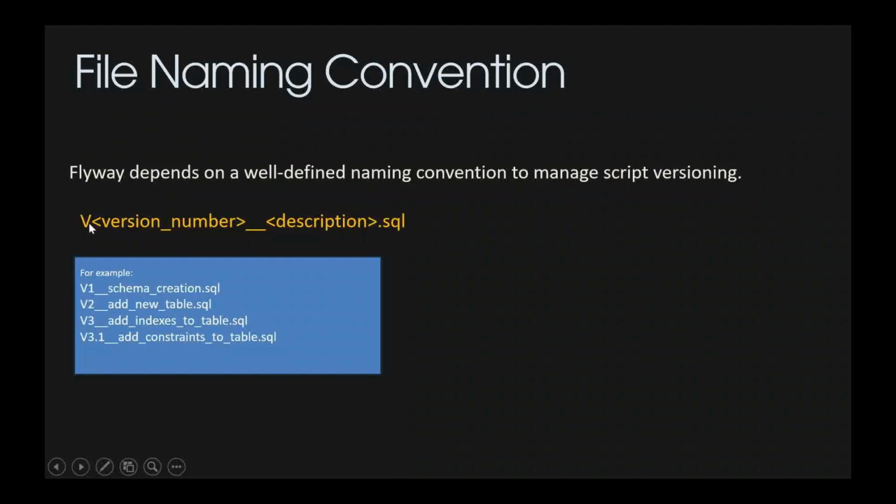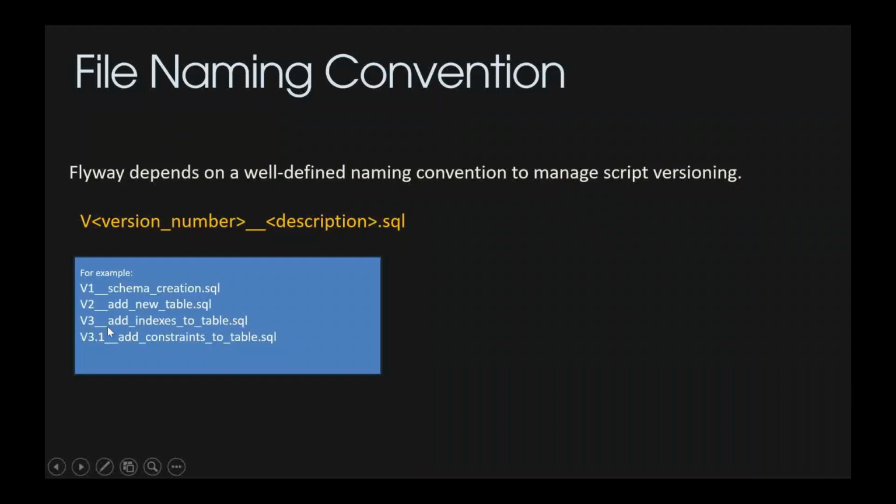It should start with v, then the version number, then two underscores, then the description, and the file type can be .sql. For example, v1__schema_creation. First I create a new schema, and within the schema I add a new table, so it is v2__add_a_new_table. Then I add some indexes, v3__add_index_to_table.